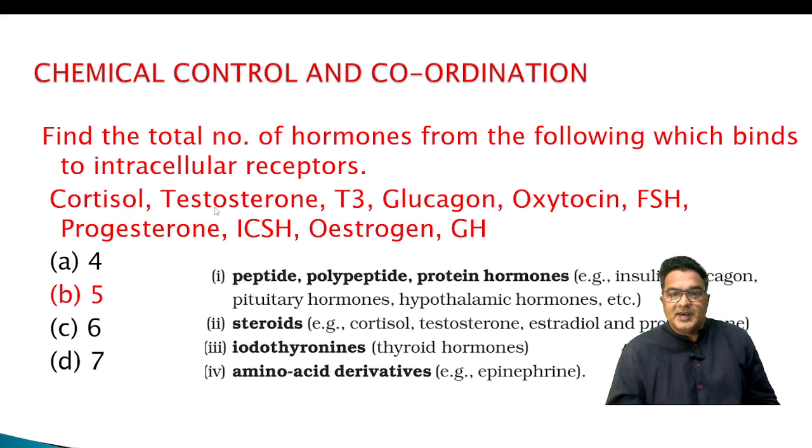Here cortisol is given, testosterone number 2, progesterone is given 3, estrogen is there 4. Oxytocin, vasopressin, it will come here, isn't it? Hypothalamic hormones, and peptide, polypeptide, protein hormones.